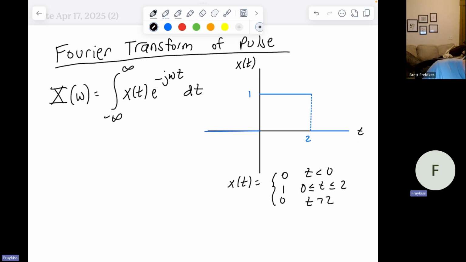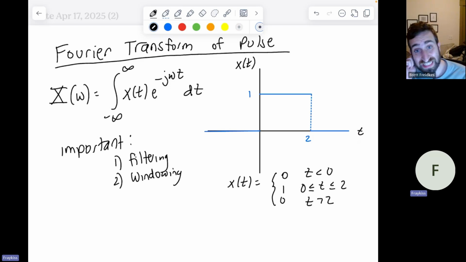And the reason this is important is that when it comes to filtering, this may be useful in determining how we're filtering things. Additionally, it is useful for the concept of windowing, which is a technique used to minimize spectral leakage.